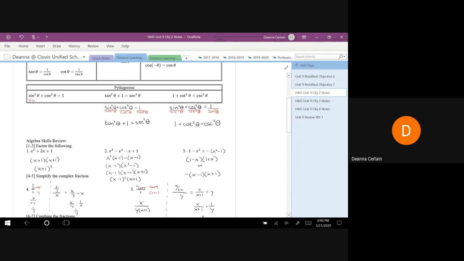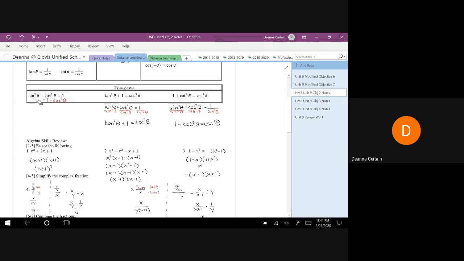If I subtracted that cosine squared theta over to the other side, I'd have 1 minus cosine squared theta. And so that manipulation of our Pythagorean identity allows me to substitute potentially into 1 minus cosine squared.